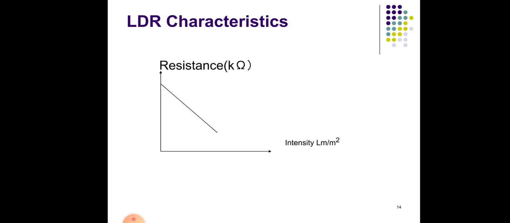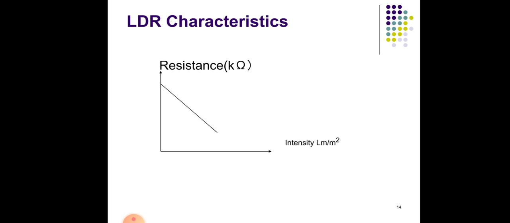Now in that case, one concept is there, dark resistance. What is dark resistance? It is the resistance offered by the LDR in the absence of light. Typical value of dark resistance is a few hundred kilo ohm. With the increase in the light intensity, the resistance of LDR reduces significantly as shown in the characteristics.